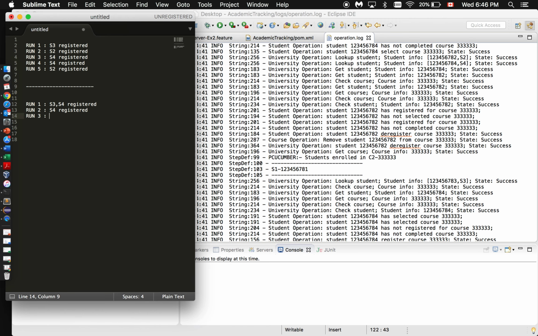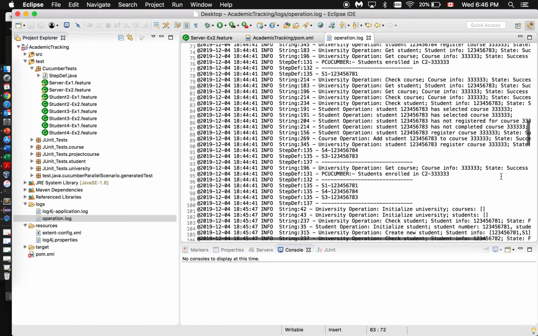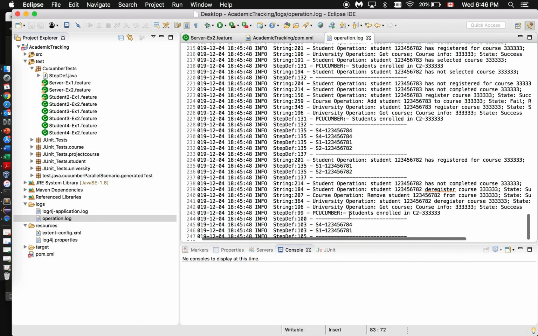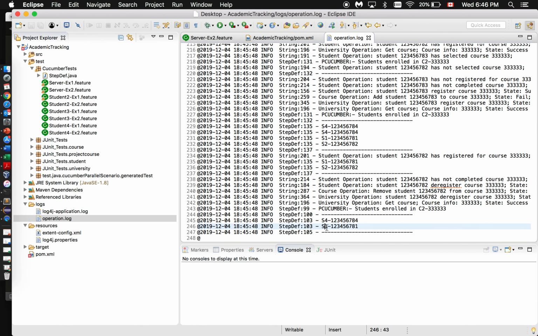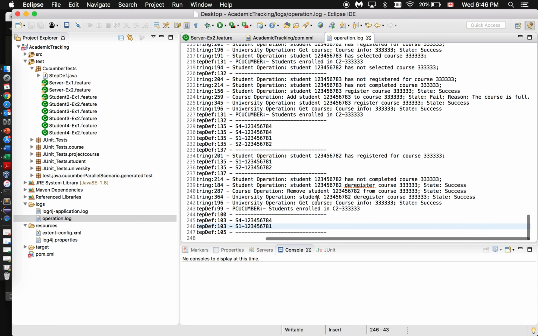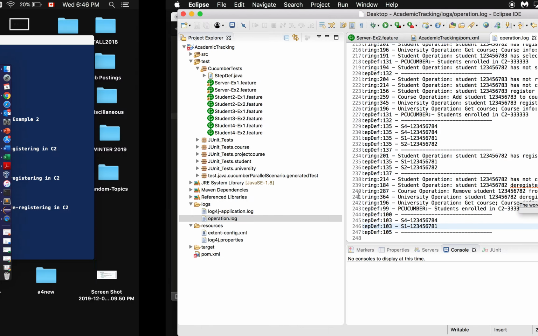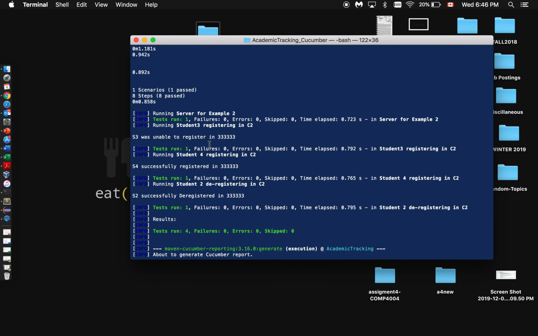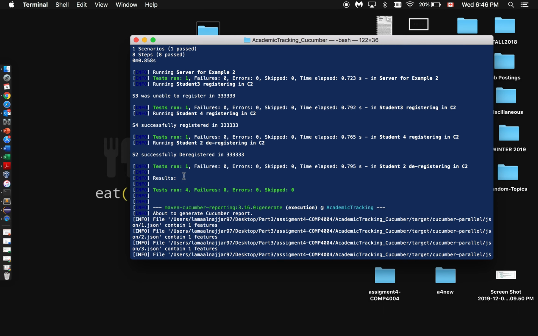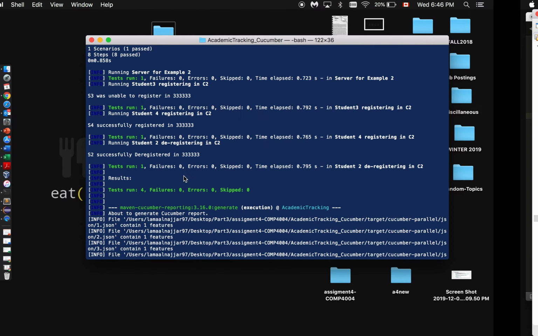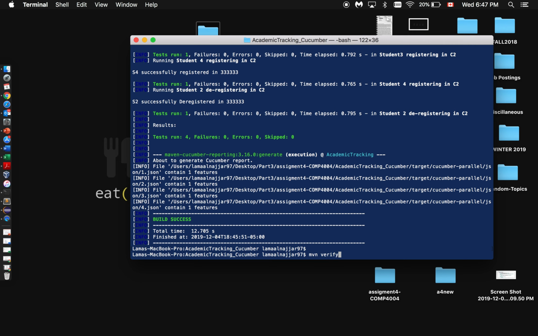Before I show run number 3, I'm just going to show you here that it's only S4 and S2 that were able to register. And the reason for that is that the deregistration for S2 happened way after S3 happened to register. Okay, so let's attempt Maven verify the third time.